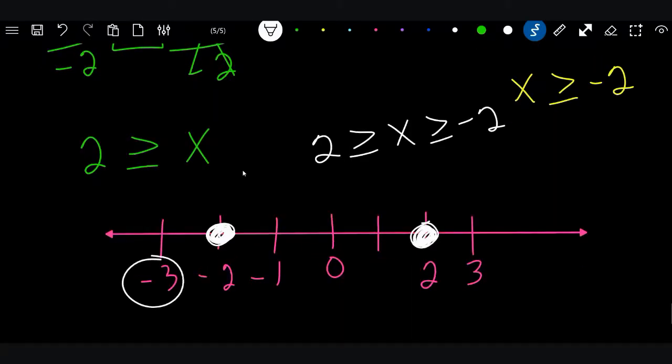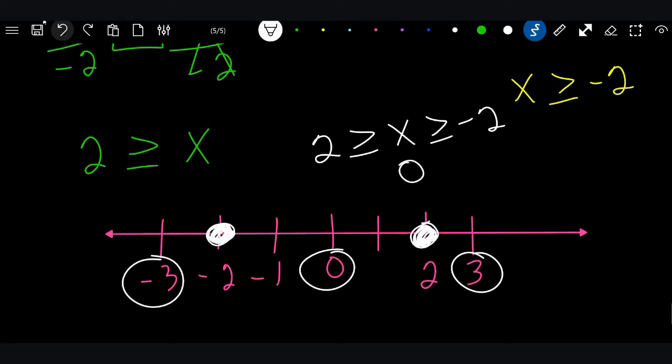Let's test -3, let's test 0, and let's test 3. Does -3 work? So -3. 2 is greater than or equal to -3. That's true. -3 is greater than or equal to -2. That does not work because -3 is less than -2. Okay, so that -3 doesn't work.